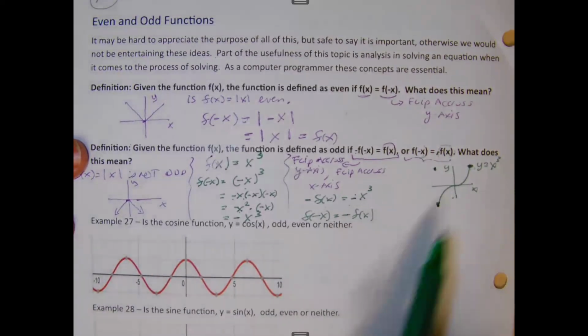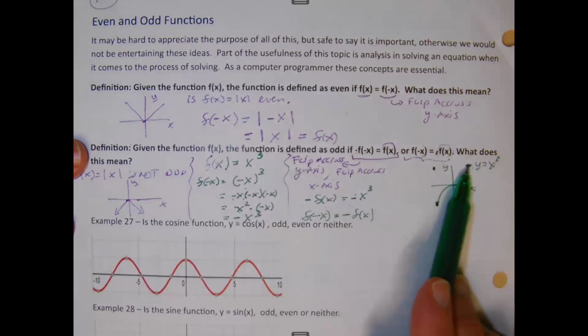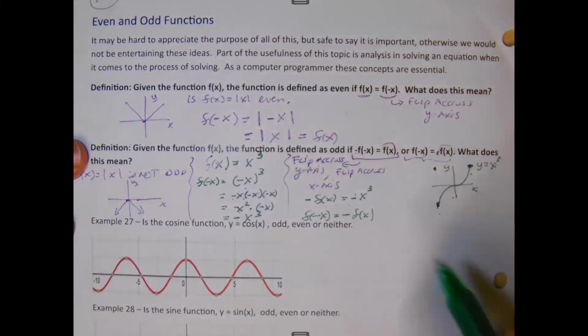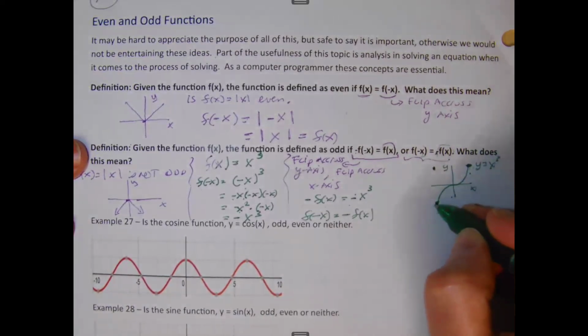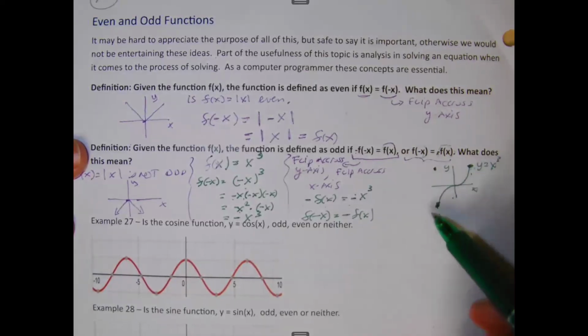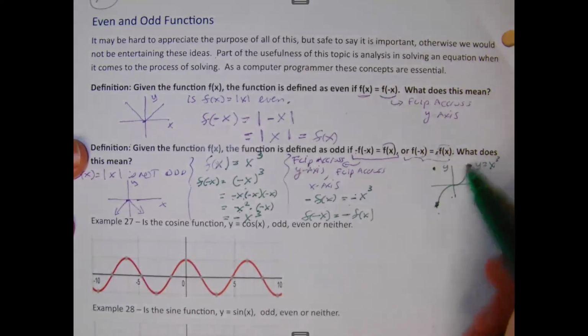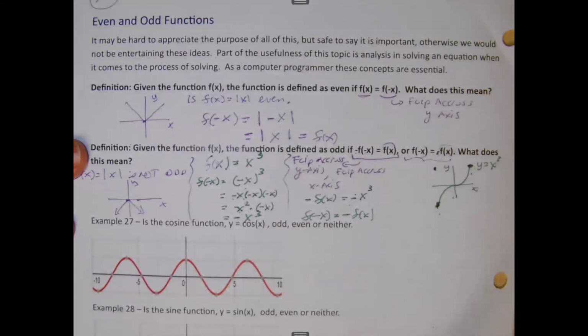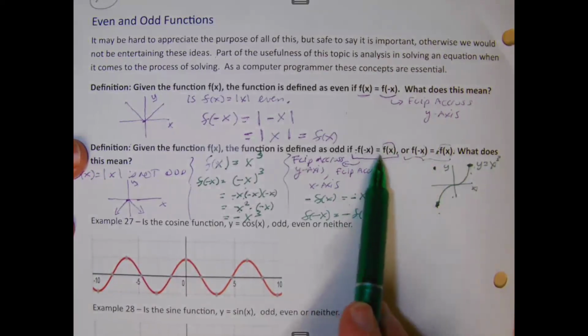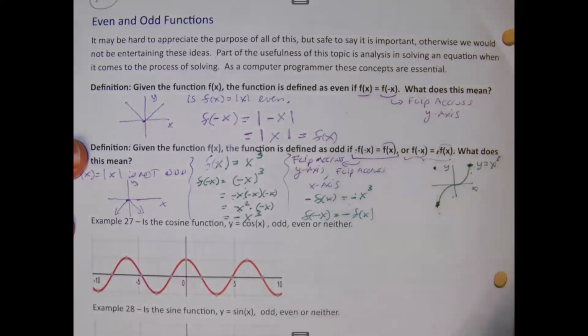The whole point is I can't tell, for example, even though this point did get transformed when I did that, now it's down here, it's back on the graph. So if you show me this graph and ask where that point is now, I'll say, I don't know, it seems to be there. This one's gone up there, this one's gone down there, but I can't tell anything. And that's what's happening here. When I do these operations, the function seems to not have changed at all. And that's what makes it odd.